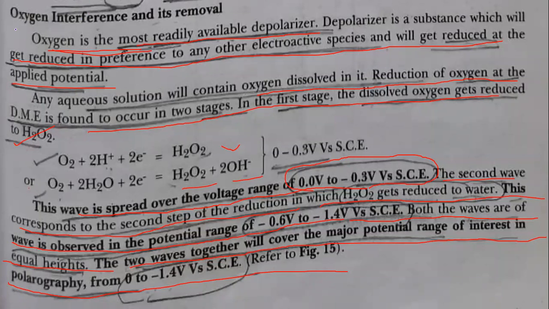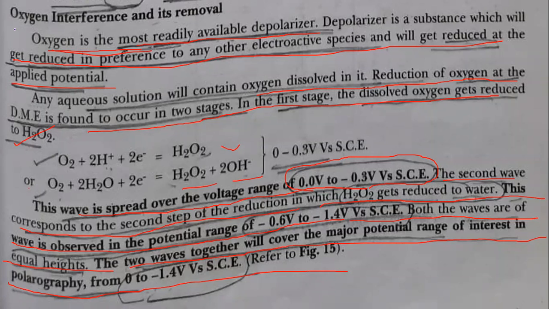Hello everybody. In this lecture, we are going to see the oxygen interference and its removal. After that, we are going to see the maxima suppressor. Why are we going to see this?